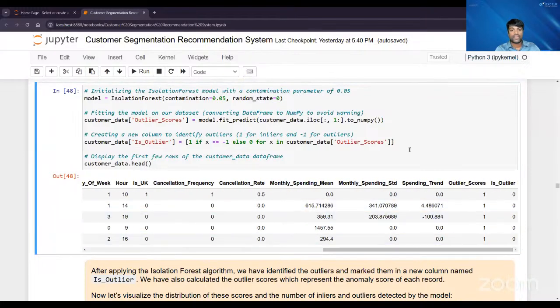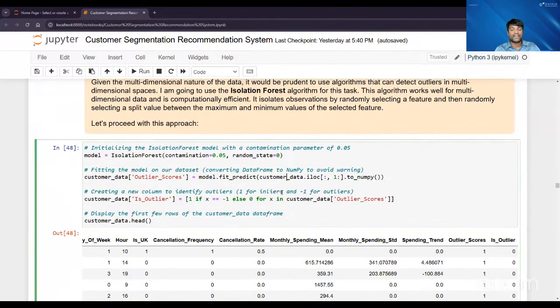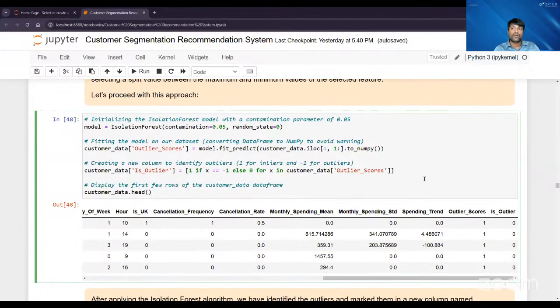It is a very, very good method, I would say, to identify the outliers, or I can say anomalies. Now I'm going to predict the model for the customer data. I'm going to convert it into a NumPy array.